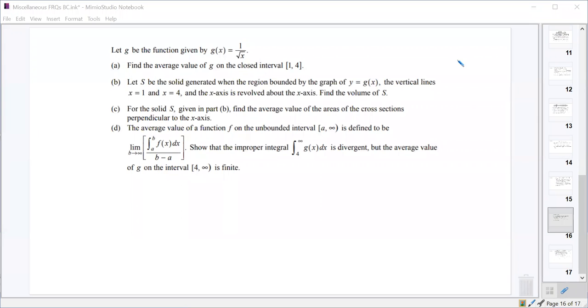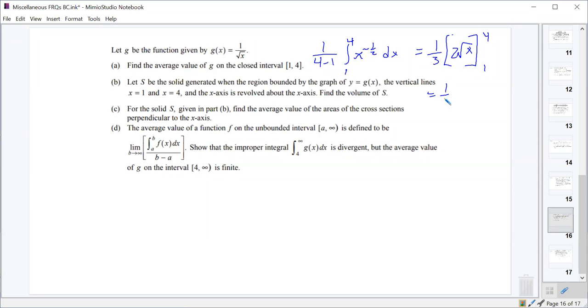Part A should have been pretty straightforward, finding the average value of g on that closed interval. So that ought to just be 1 over 4 minus 1 times the integral from 1 to 4 of g of x. I'll even write it as x to the negative 1/2, just because looking at it that way makes the integration easier. We got 1/3 of 2 root x from 1 to 4.